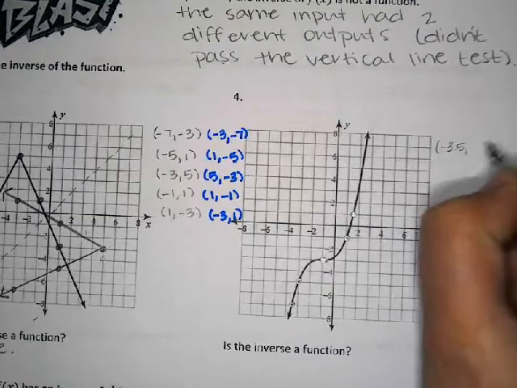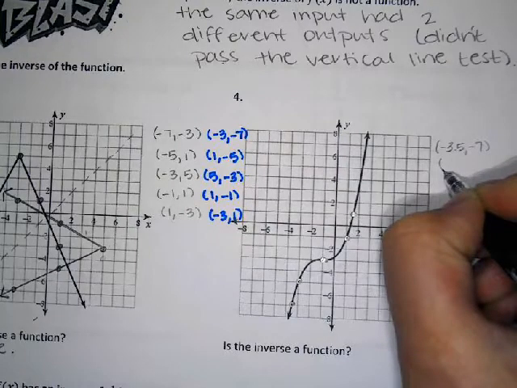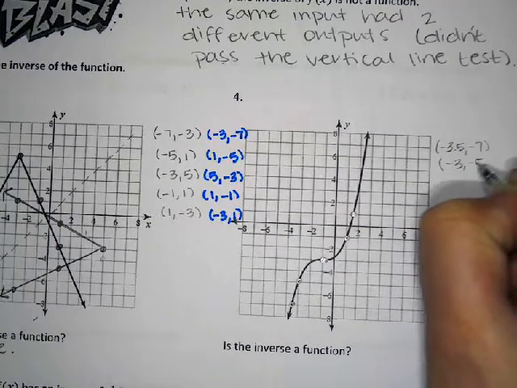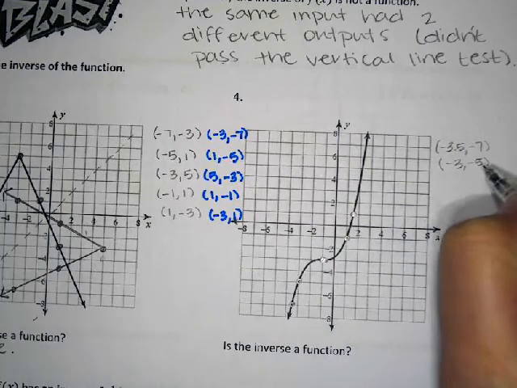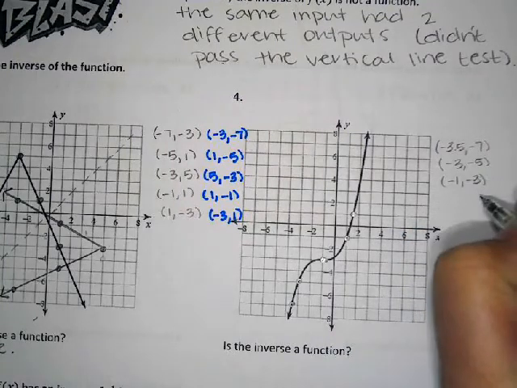Left 3, down 5. Left 1, down 3. Right 1, down 1. Right 1.5, up 1.